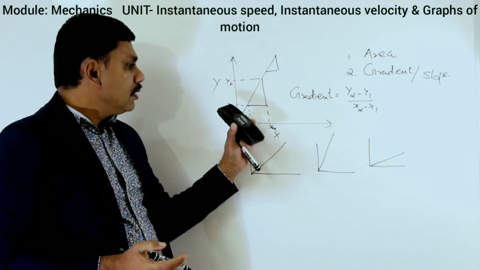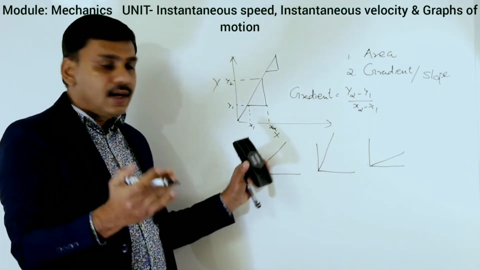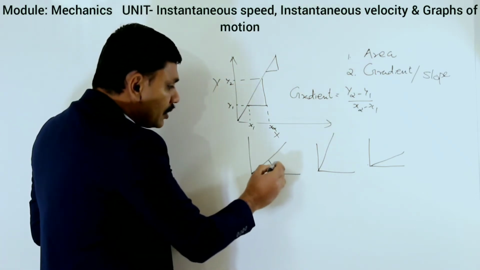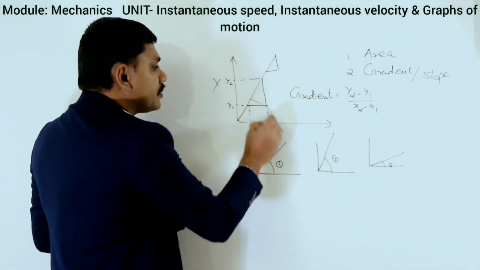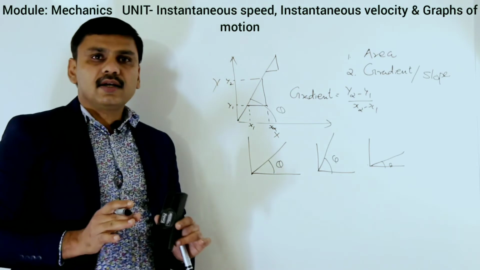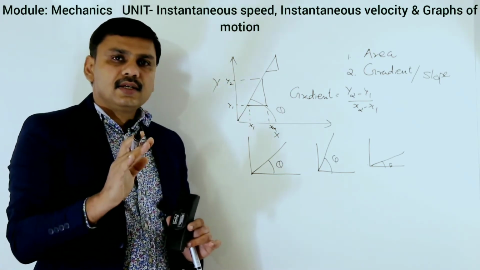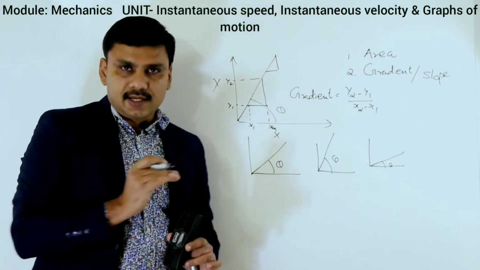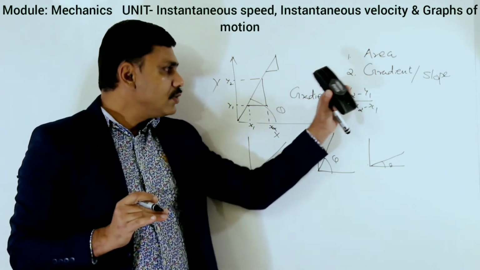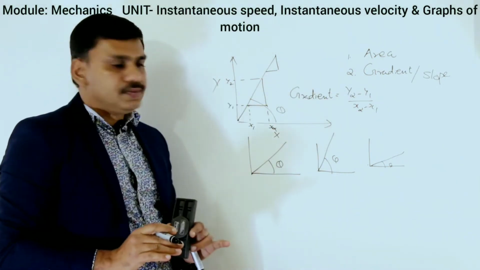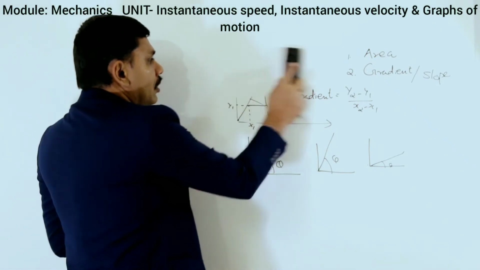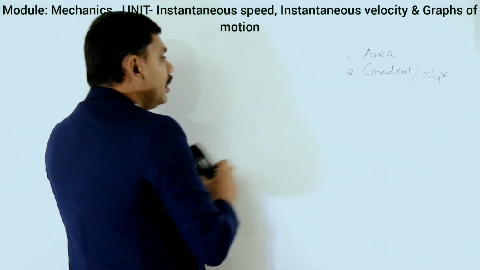And here the graph is a straight line. It is making an angle theta with the x-axis. Then the gradient is y2 minus y1 divided by x2 minus x1. How will you form it? You are forming the gradient from the graph.